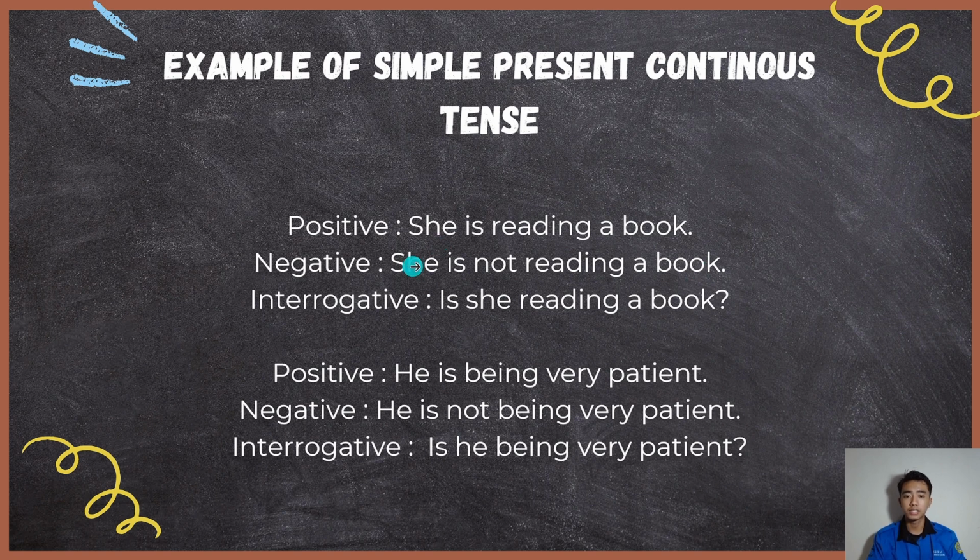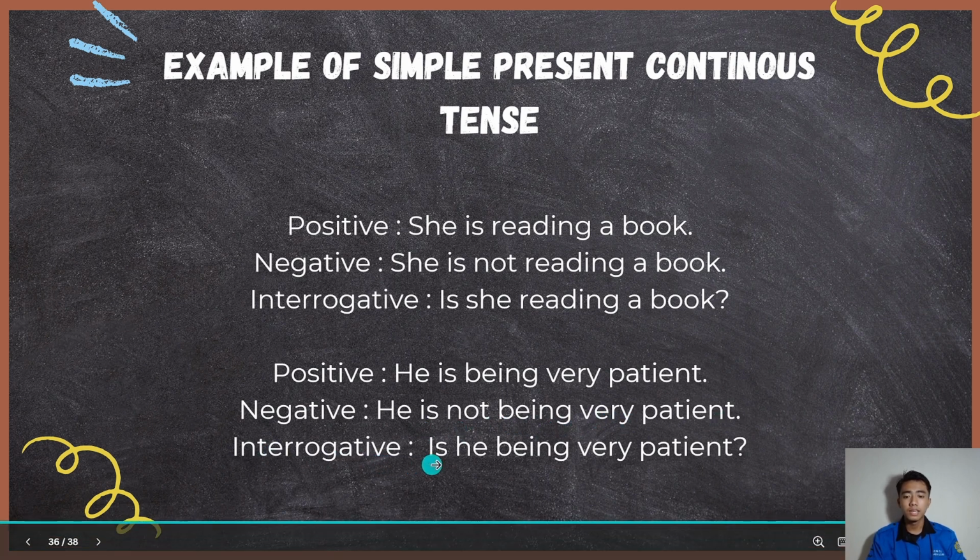She, subject, is, to be, plus not plus verb ing, reading a book, complement. Interrogative, is she reading a book? And then the next example, positive, he is being very patient. And then negative, he is not being very patient. And interrogative, is he being very patient?